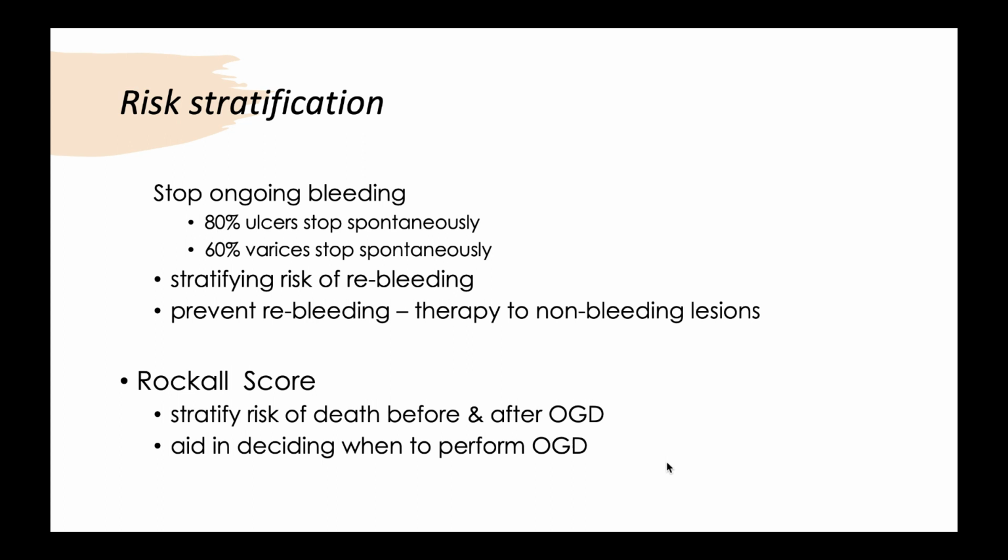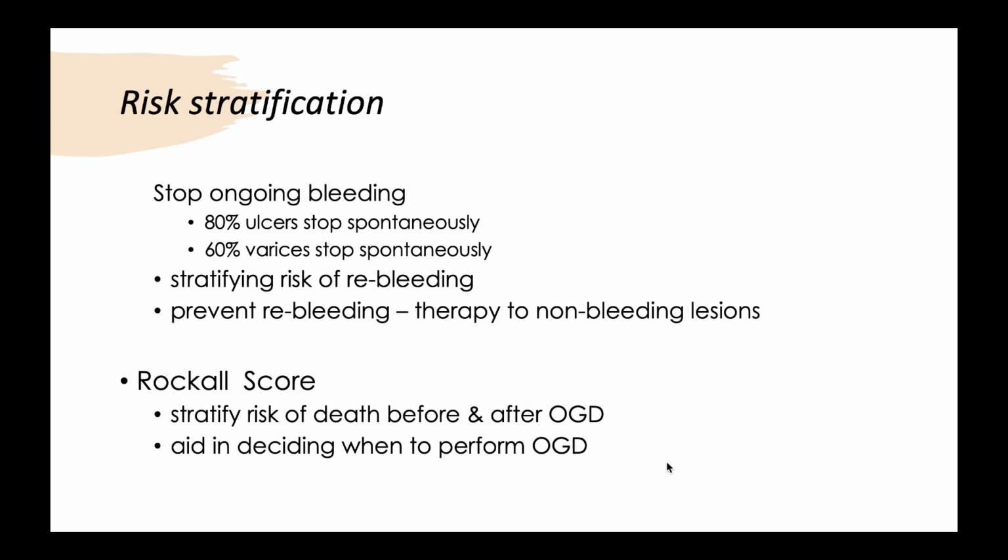So here are just some facts: 80% of ulcers basically stop spontaneously, and only 60% of varices stop spontaneously. Therefore, you don't need to do an OGD or some form of treatment in all cases. Therefore, we need a strategy, and the strategy a lot of people use is the Rockall score.